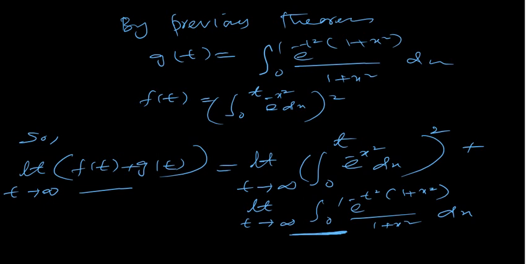Why does this limit exist? Because the limit of the integral is equal to the integral of the limit, as the integrand function is bounded by some Lebesgue integrable function. So we can apply the previous theorem for this integral. Not for partial derivative, it's actually the first theorem of the previous lecture.